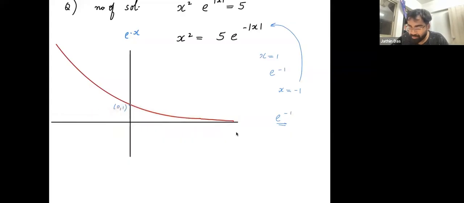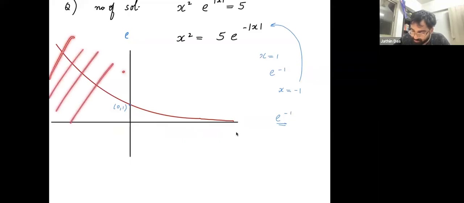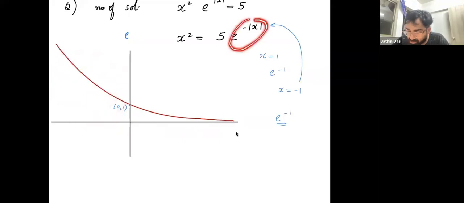So if I want to draw e raised to, you understood this? One more time I should explain. See, this you leave it. This you leave. I am trying to plot e raised to minus mod x. That is my intention. E raised to minus mod x nikalna hai.